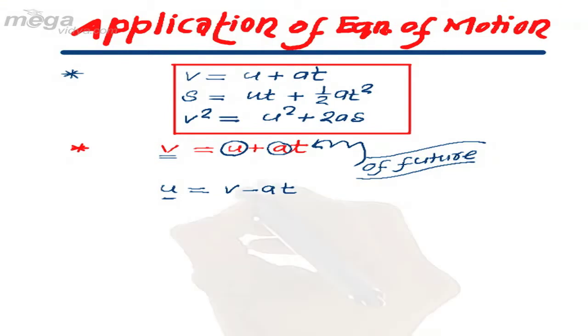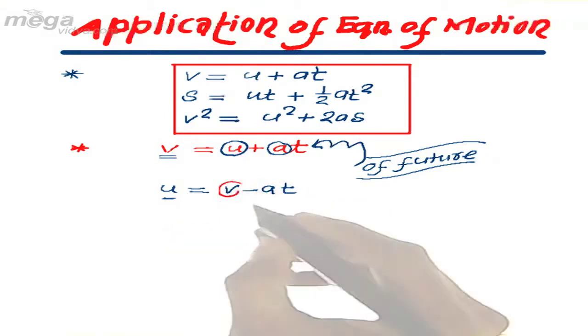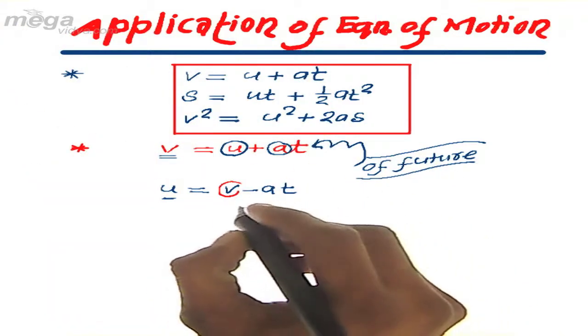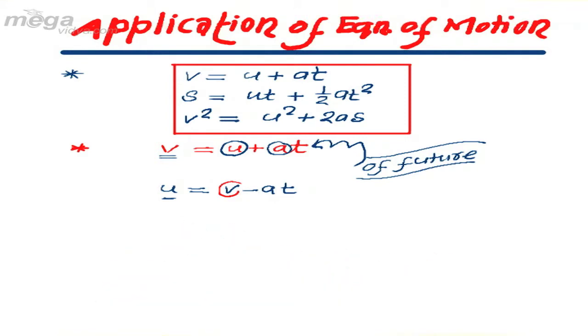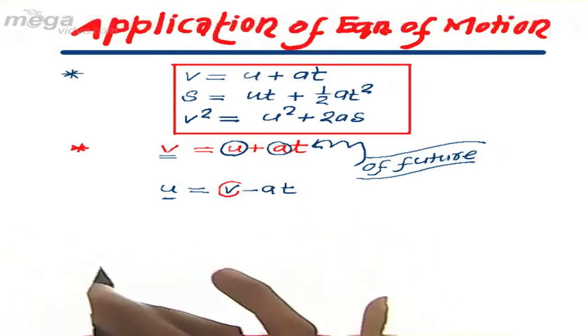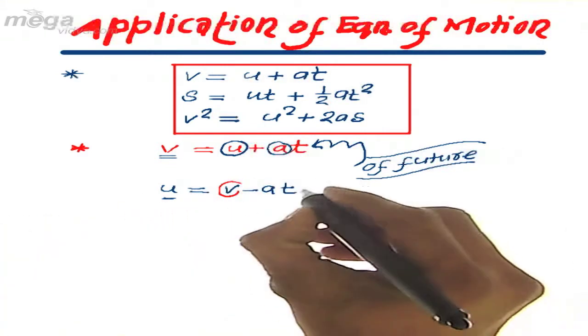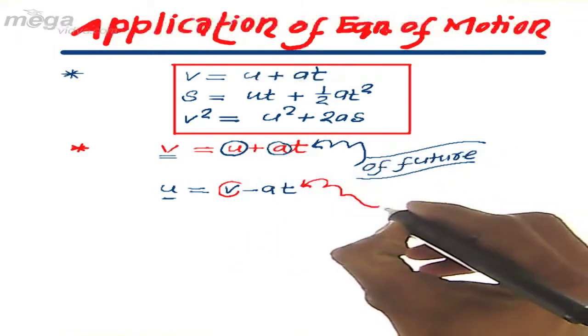If you consider this v, what is it? As we used previously, this velocity v is the final velocity, which means we know the velocity of the particle after a certain time, or in the future. Here v is the final velocity which we know, and we have to find the velocity of the particle t time before. T time before means I am talking about the past.